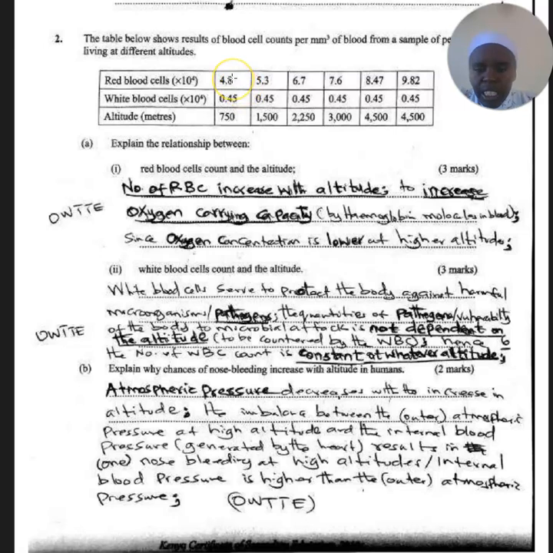But when you look at the red blood cells, the more the altitude increases in meters, the more the red blood cells increase. Now you are asked, explain the relationship between red blood cell count and the altitude. So the number of red blood cells, as you can see in this trend, increases with increase in altitude. That means, the higher the altitude, the lower the oxygen concentration.